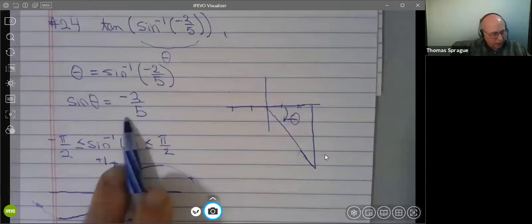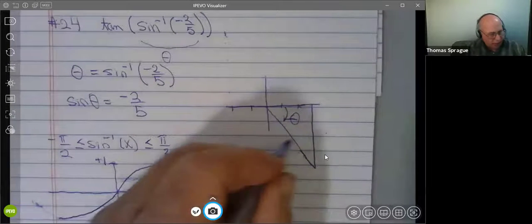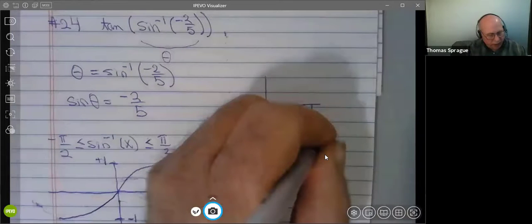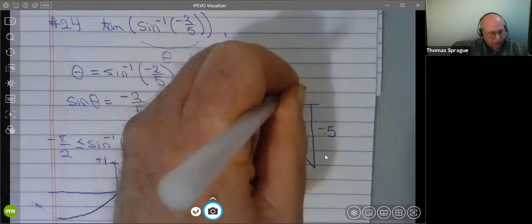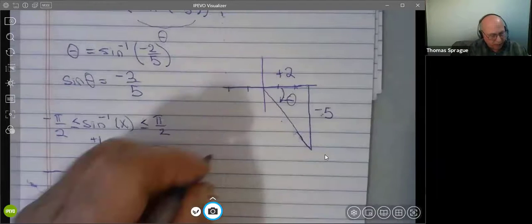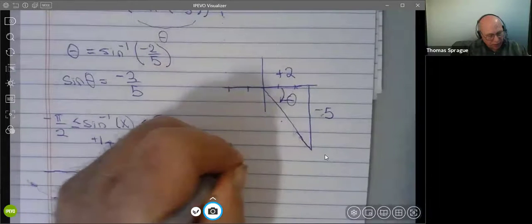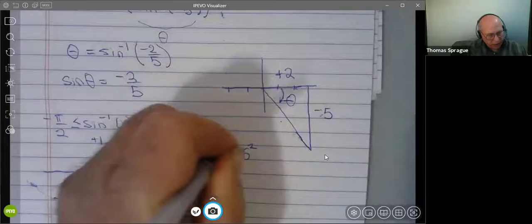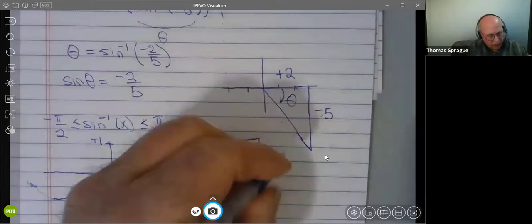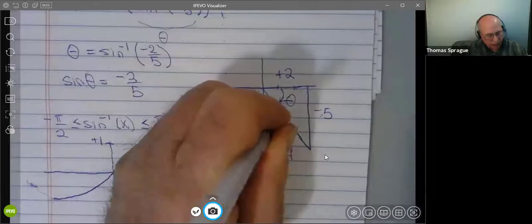So the sine is opposite over hypotenuse. The opposite is going to be -5. The adjacent is +2, and the hypotenuse we'll get from the Pythagorean theorem. So 2 squared plus 5 squared, take the square root, that's the hypotenuse, and that's 25 plus 4, 29, so root of 29 is this side of the triangle.